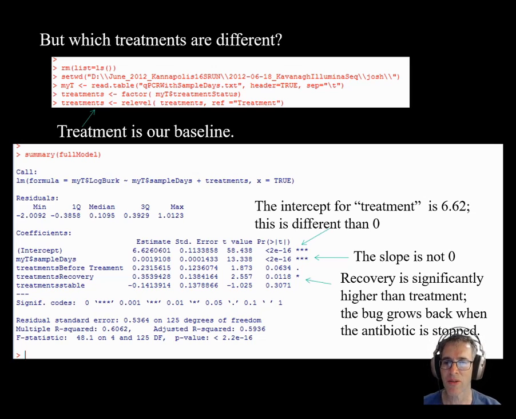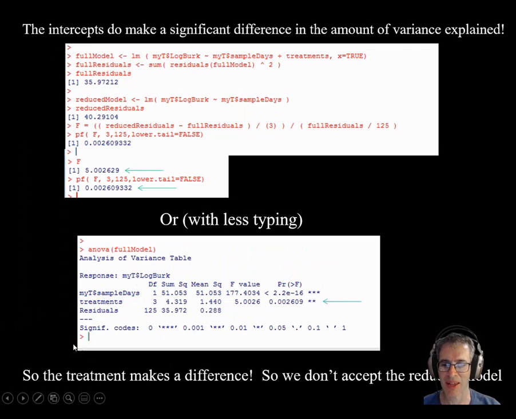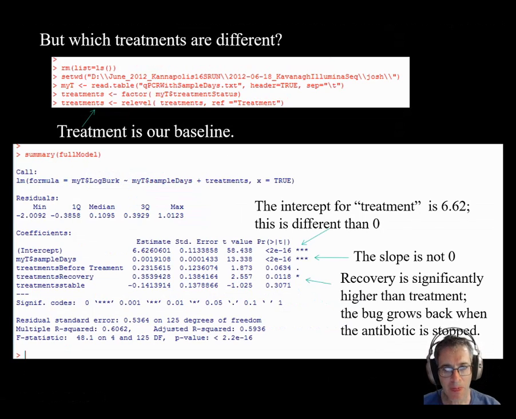So when I just type ANOVA of the full model, I get a p-value saying the treatments make a difference, but R doesn't tell me from just this ANOVA analysis which of the treatments made a difference. I can potentially get that information by typing summary of the full model instead of ANOVA of the full model. Remember that summary gives us statistics based on inference on the t-values.